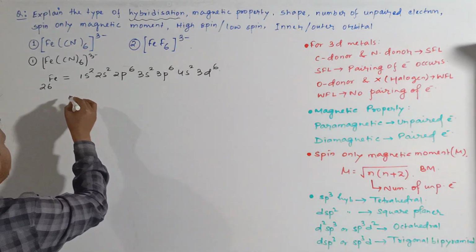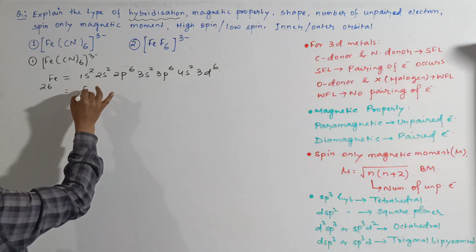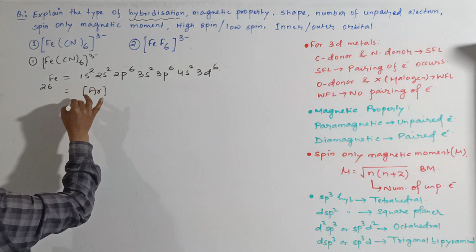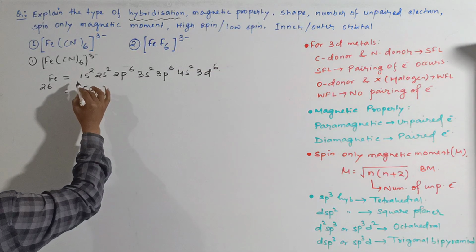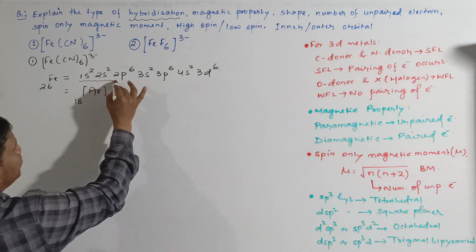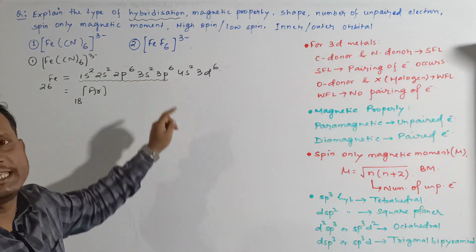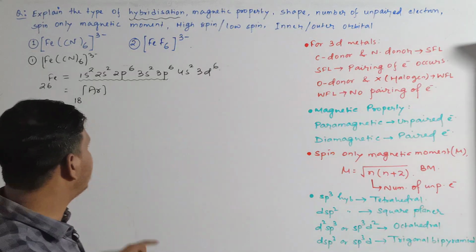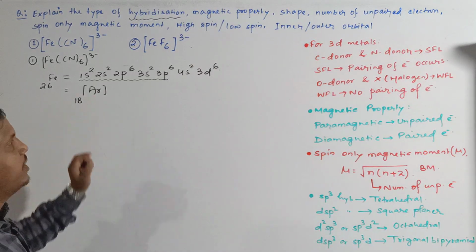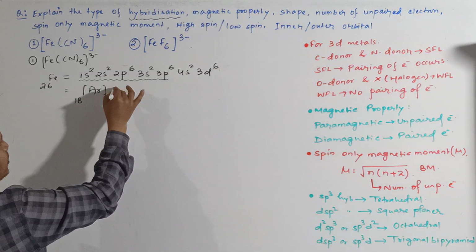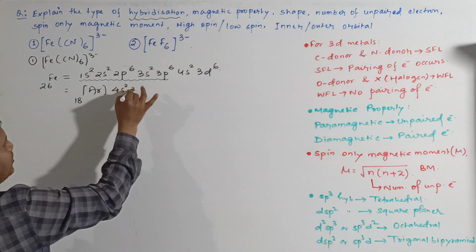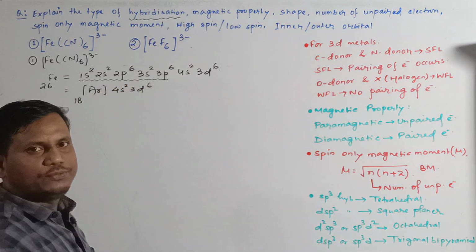Before iron, argon is the noble gas which has atomic number 18. So instead of 1s2, 2s2, 2p6, 3s2, 3p6, these 18 electrons, we can write directly argon, and after that what is left? 4s2 and 3d6. This is the first step.